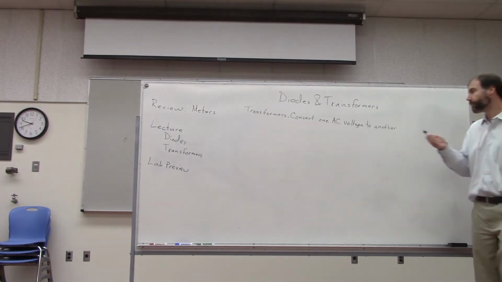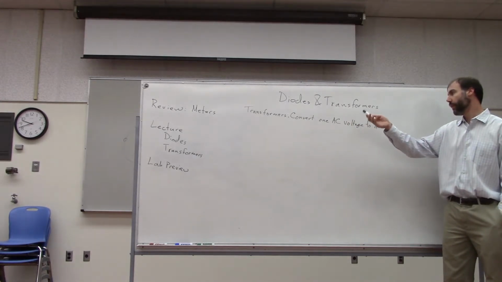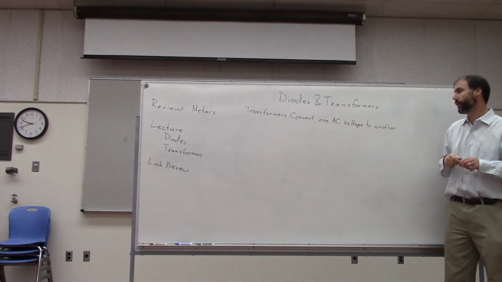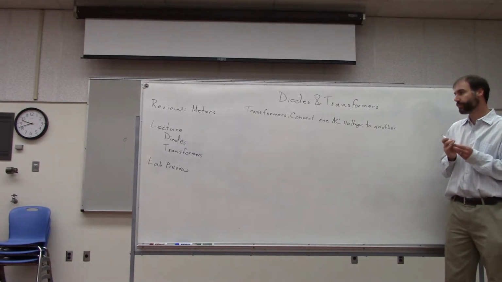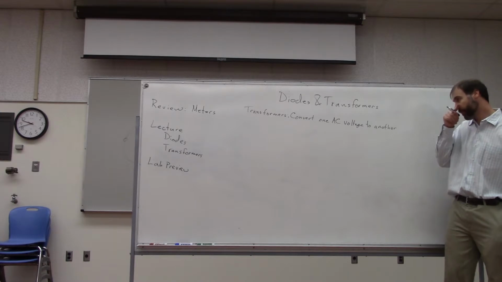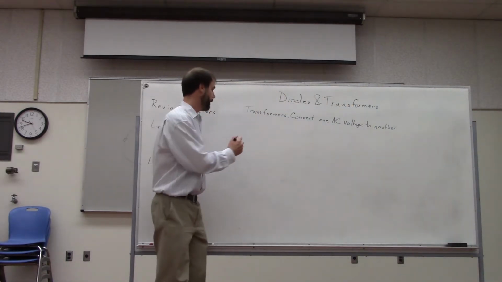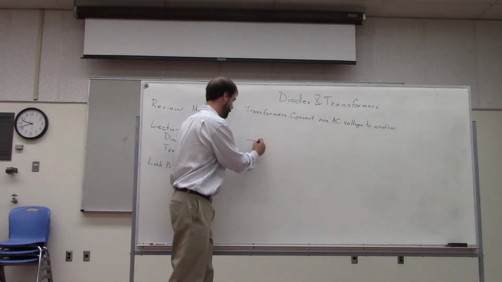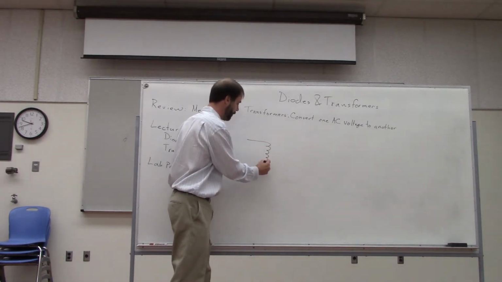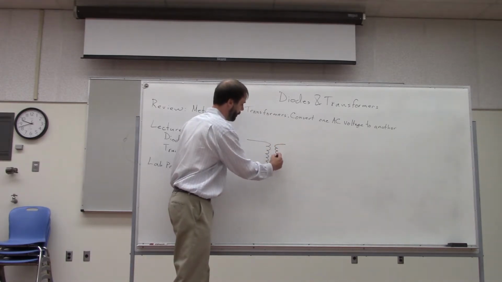So the main purpose of a transformer is to convert one AC voltage to another. So let's talk about how they actually do this. What's actually happening inside? Basically, it's really just these 2 coils of wire that are close to each other.